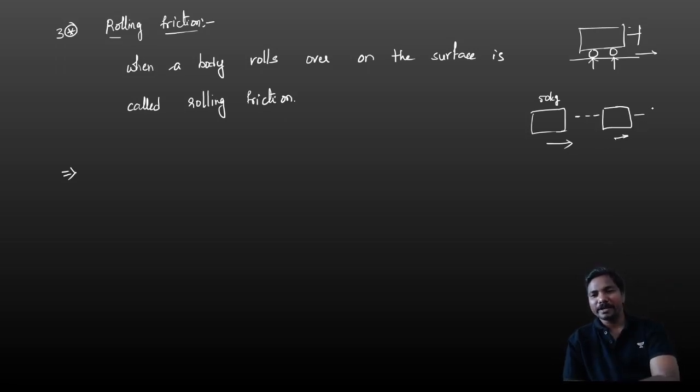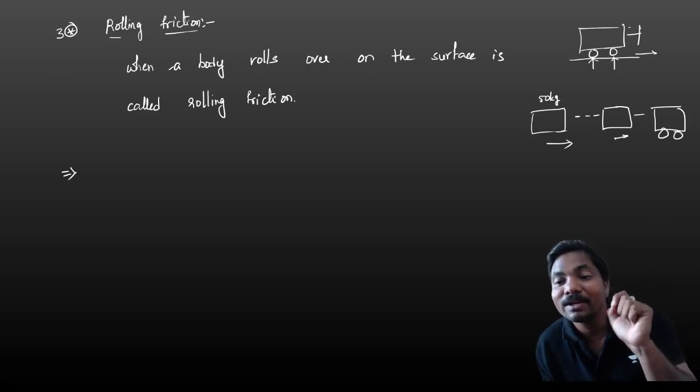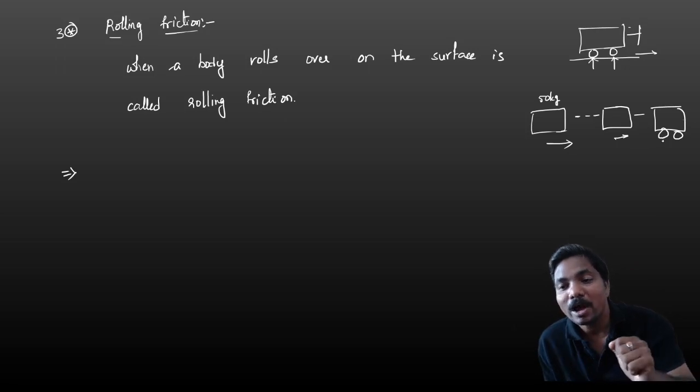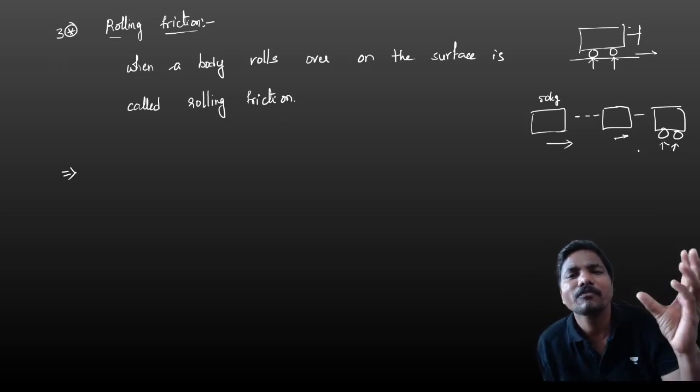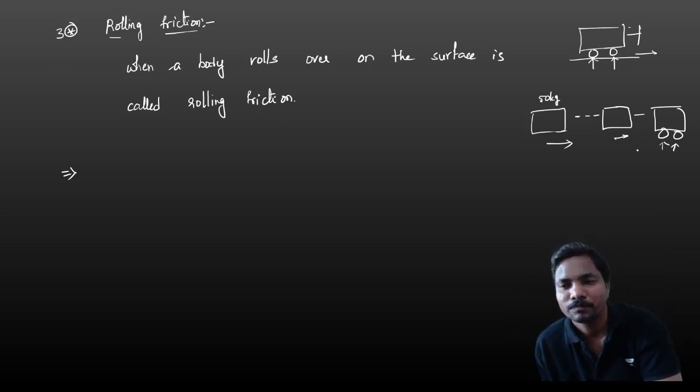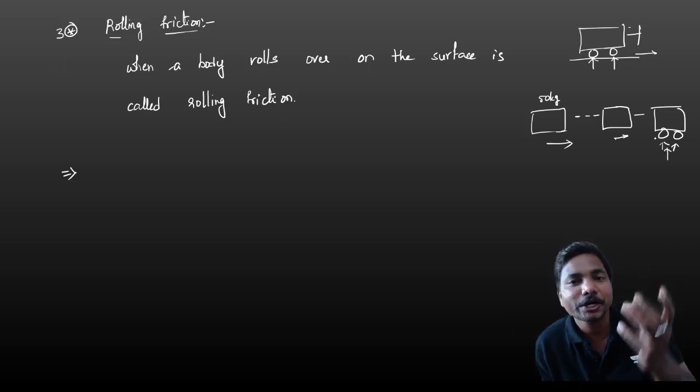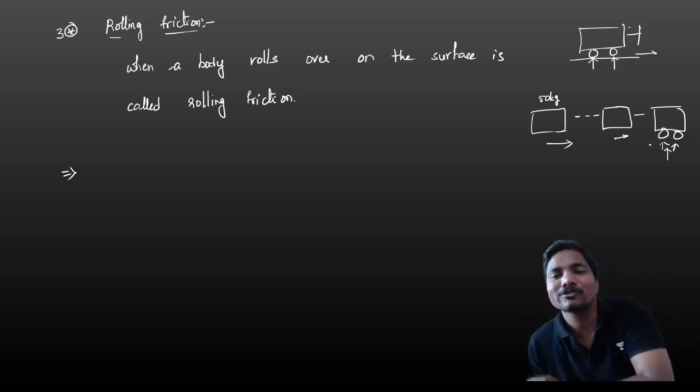And after that, you realize your luggage bag has wheels. You open the wheels and you try to drag it. Then what do you feel? You apply a very little amount of force. That means here friction is less, friction is reducing. That's why your applied force is reducing.